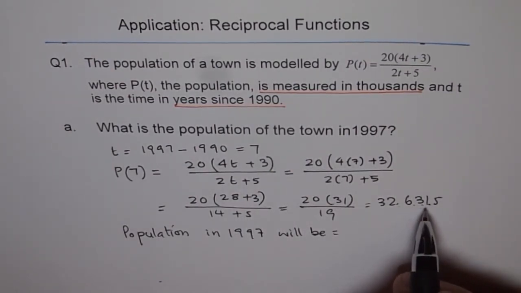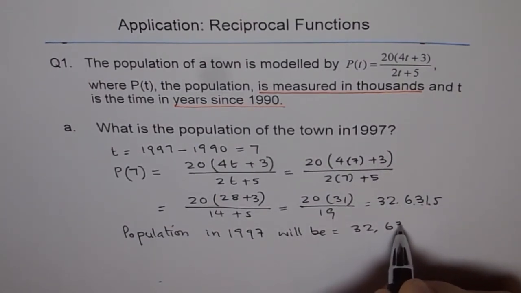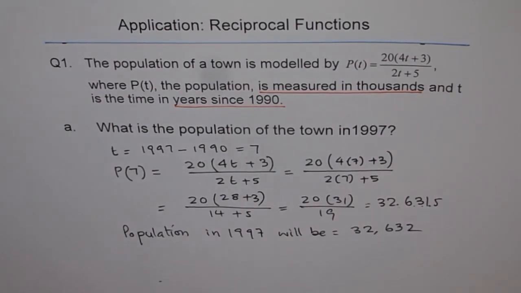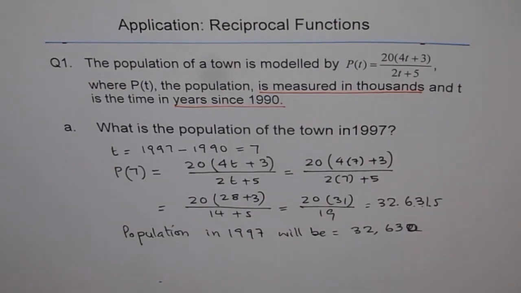So you can write 32,631, or you could round it to 32,632, for example, or 32,630. Rounding to 630 is not a bad idea.